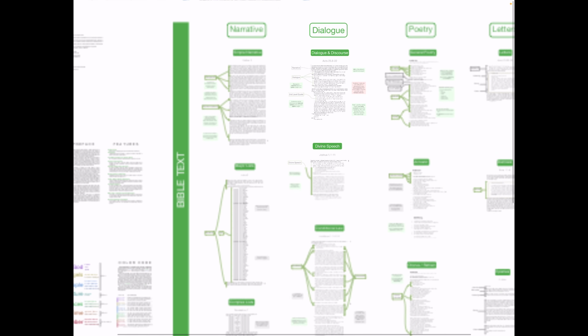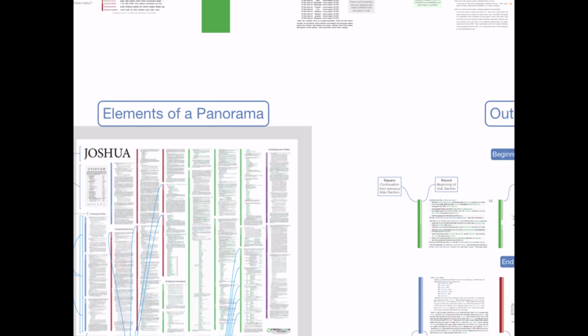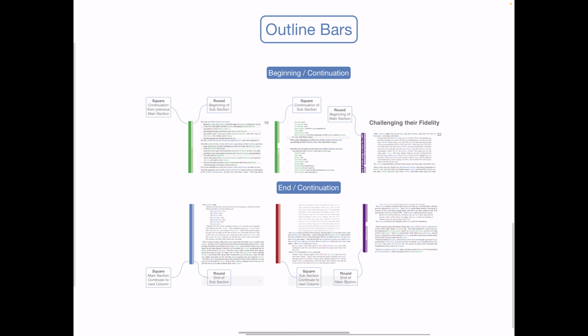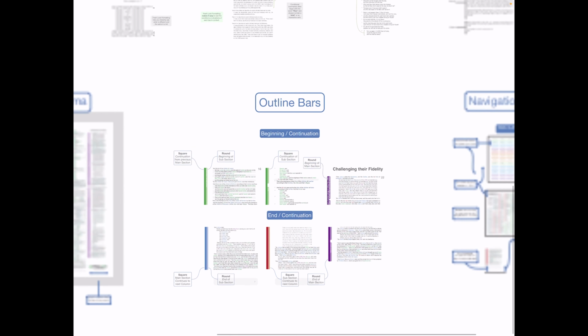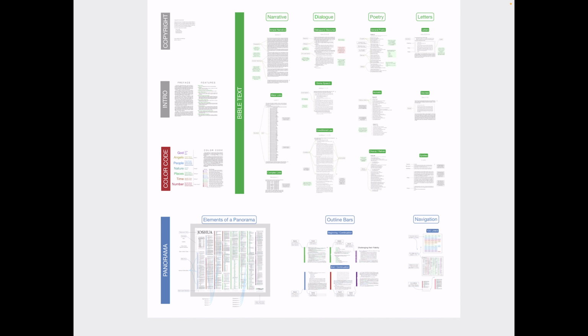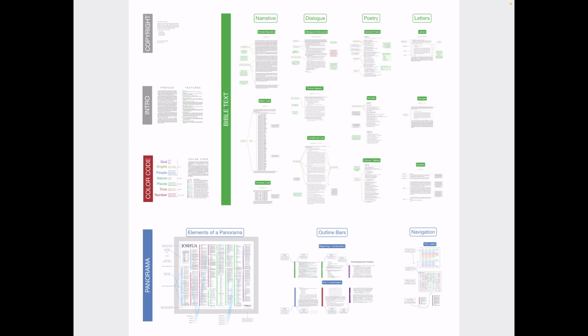So that's all introductory to help you navigate and see what it's all about. And there are things like the elements of a panorama and something about the outline bars to help guide you how all that works. I can tell you that every little thing has been designed and formatted in a way that, it's an obsession. We'll say it that way.